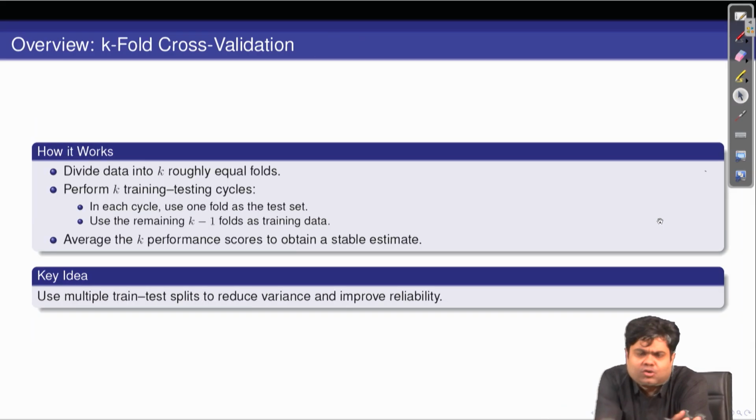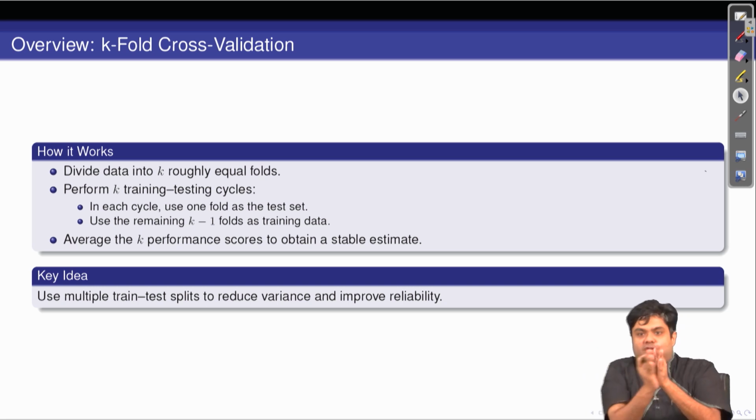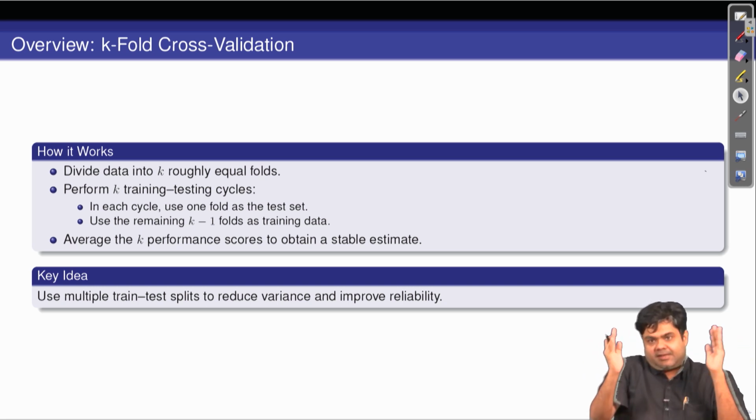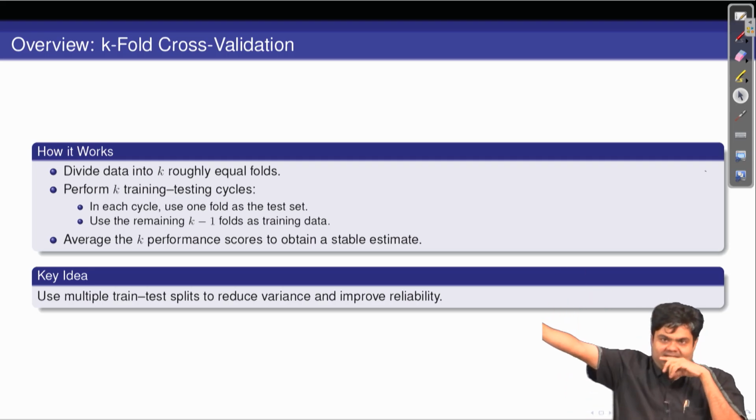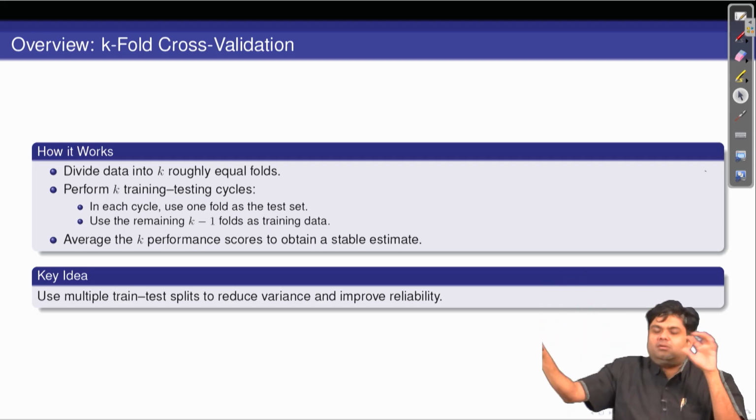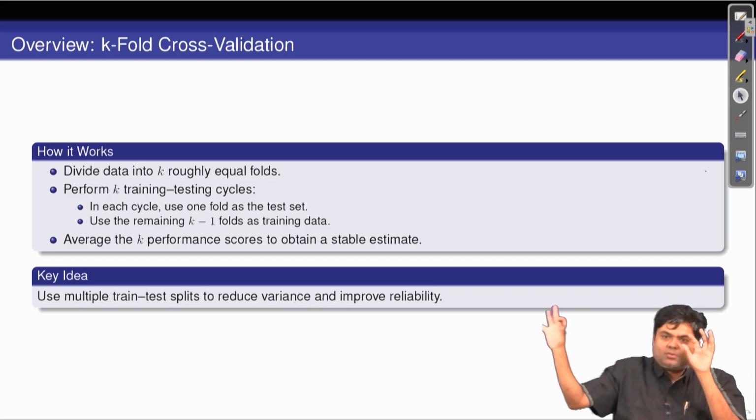So, k-fold cross validation is a generalization of leave one out cross validation. Here what you do is divide the data into k different roughly equal parts. Suppose the data sample is of size n, you divide it into k parts of roughly equal size.